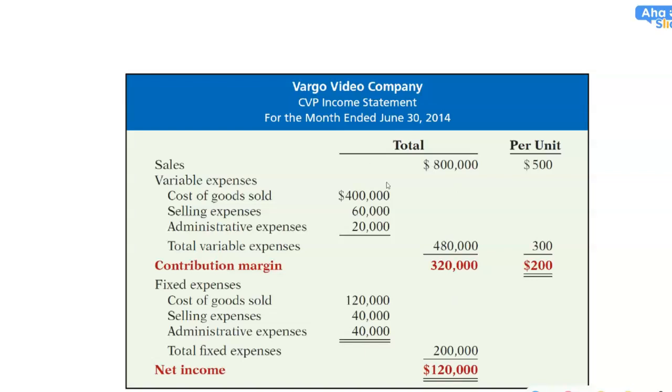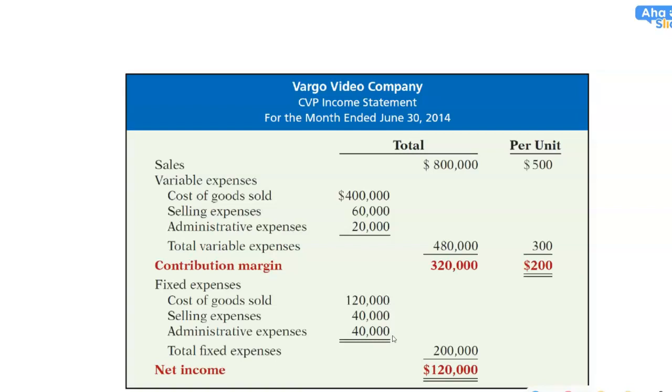Now I look at that, and a variable cost is a cost that will change in direct proportion. So hey, wait a minute. If this goes from 800 to 880, it goes up 10%. My variable costs will go up 10%, increase by 48,000. But my fixed costs will not.